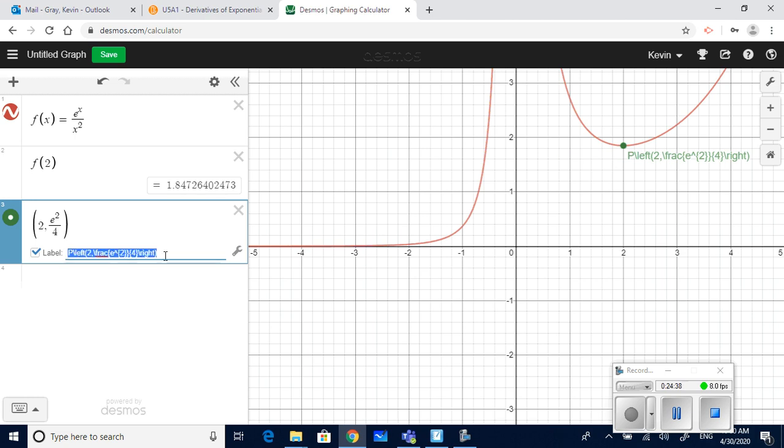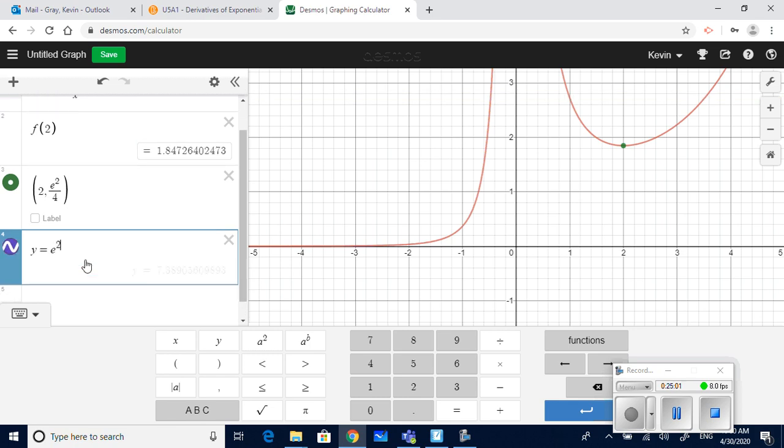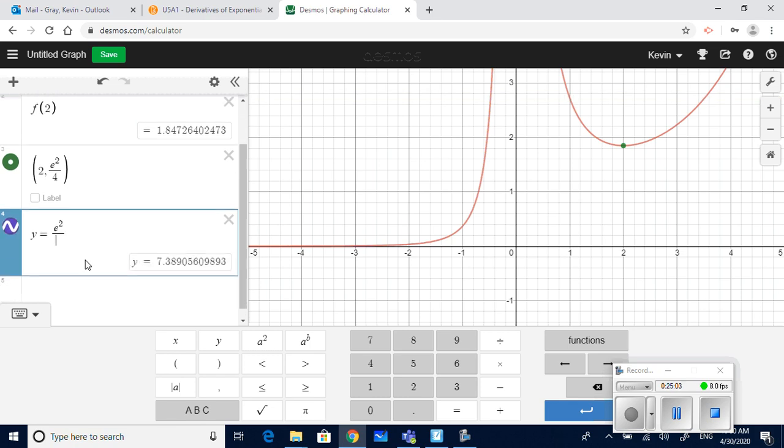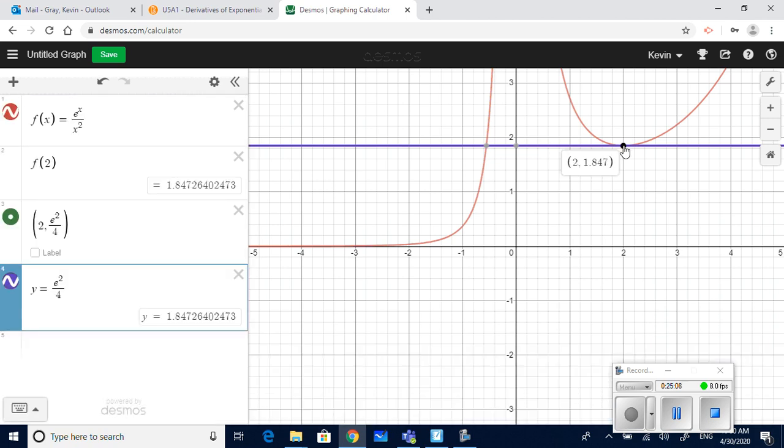Oh well. We'll label that. So there's my point. The slope of that looks like it's almost a local minimum, and it would be a horizontal tangent line here. And if I graph that, we would see that, absolutely. Good. So that's what we just did here. We found the equation of that line.